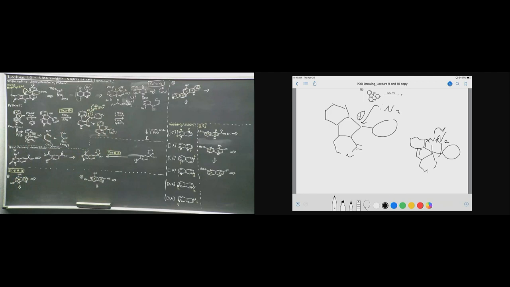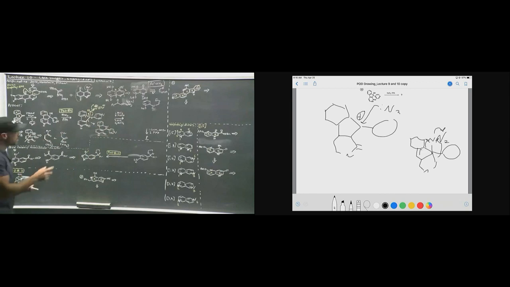Great. And that kind of makes sense because the migratory aptitude of that phenyl is going to be the best, best able to stabilize cationic character in the transition state. So that's why A moves. Perfect. Thanks, Tucker. All right, great.